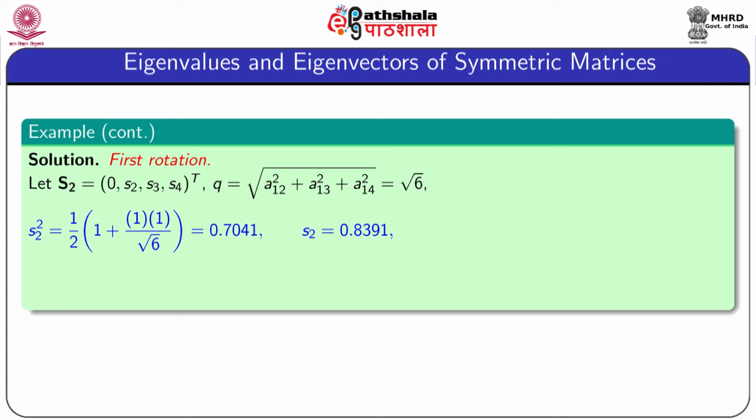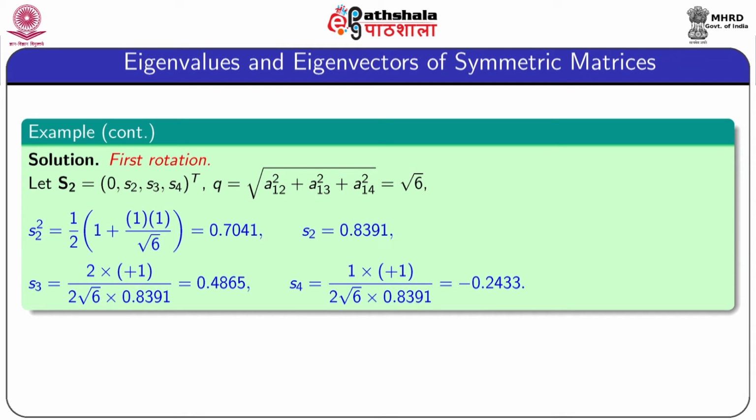For the second element of the vector S, S2 square equals 0.7041, and finally S2 equals 0.8391. Similarly, S3 equals 0.4865, S4 equals minus 0.2433. So, these are the elements of the vector S2.